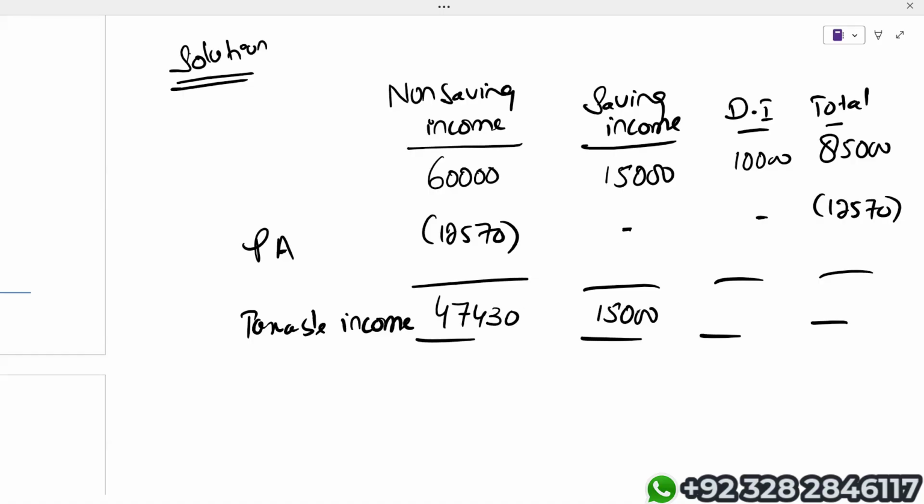Saving income is 15,000. Dividend income is 10,000. So 47,430 plus 15,000 plus 10,000, I am getting 72,430. First, we have to apply tax rate on non-saving income, then saving, and finally dividend income.